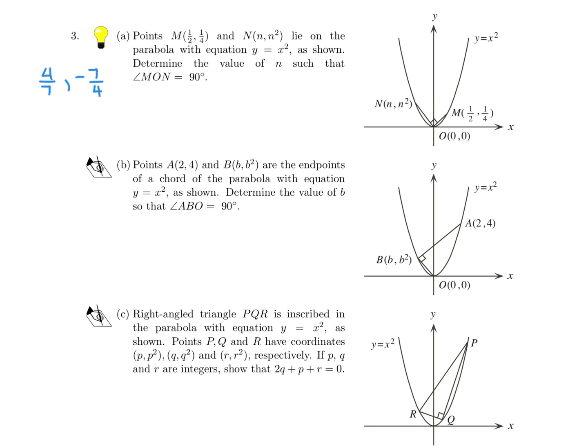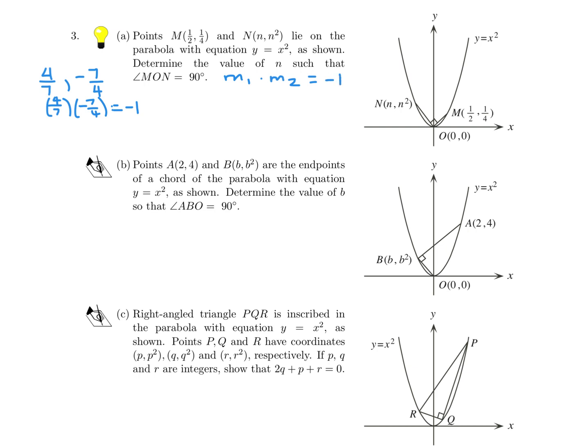Now, negative reciprocals, when you multiply them, they would give you a product of negative 1. So that's what we're going to do. We're going to say that we have two slopes, m1 and m2, and when they multiply each other, you get negative 1.